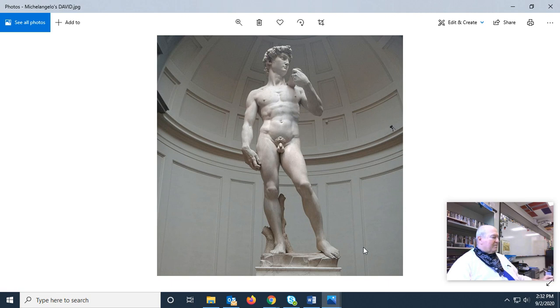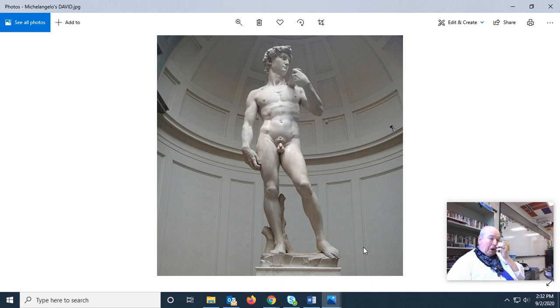Now, if you know anything about marble, marble is kind of a hard rock. It just amazes me how you carve a figure so intricately out of such a hard rock. And the answer is, I don't know. I mean, think about it.